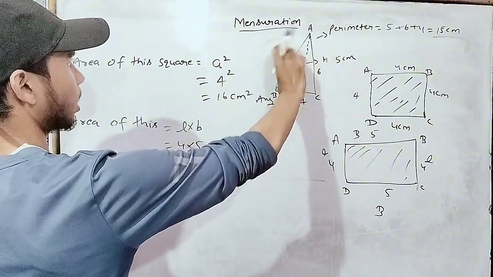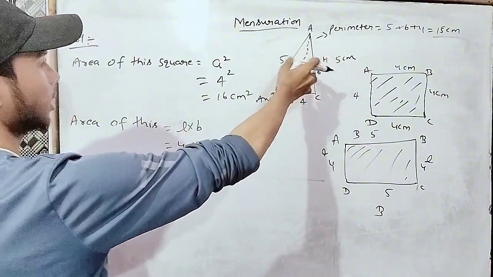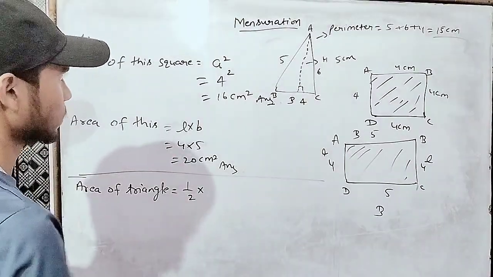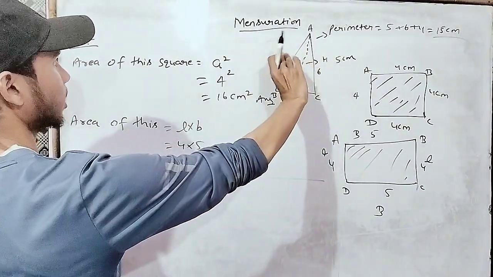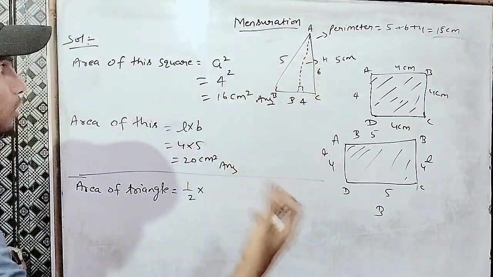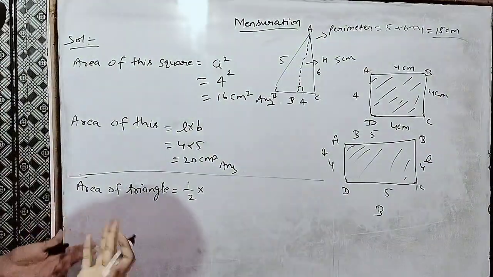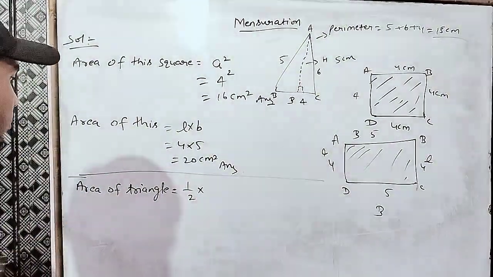Half and half will make a rectangle or a square, and as we already know, the same length we will not take again.